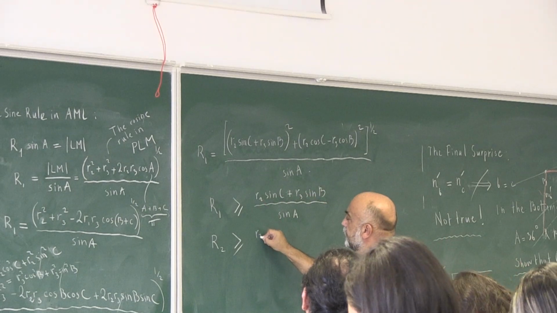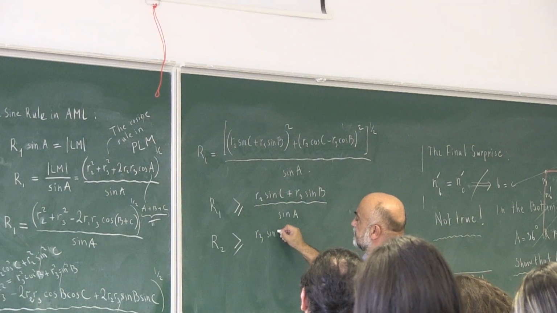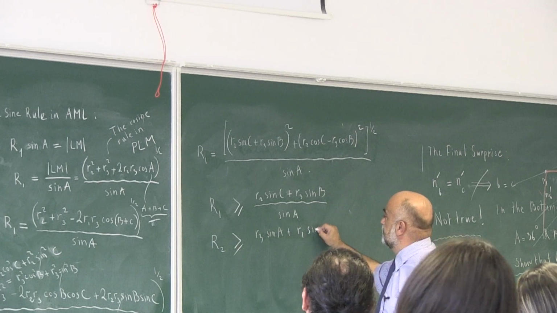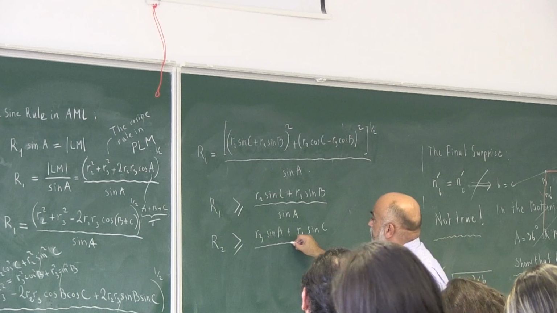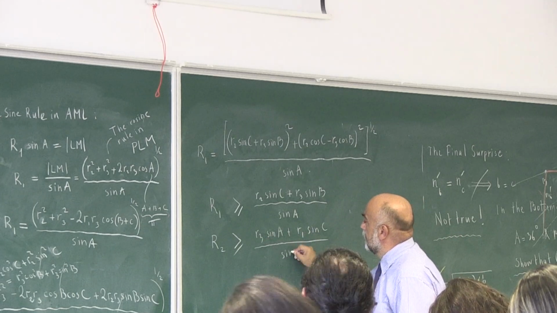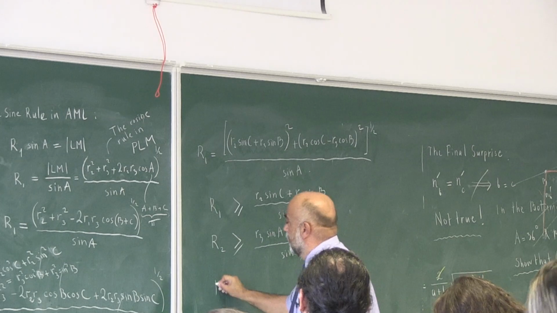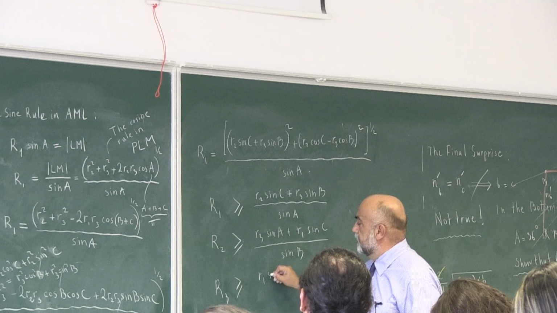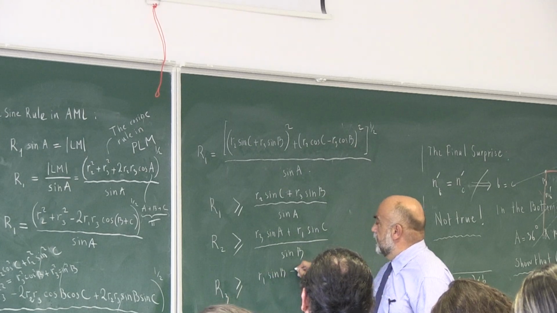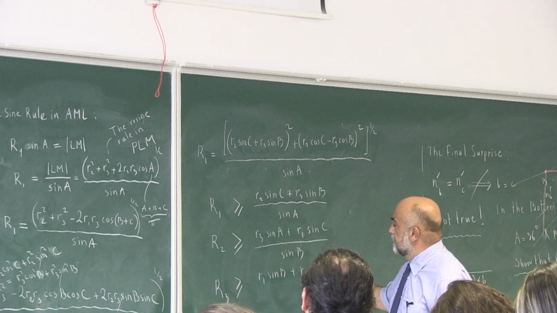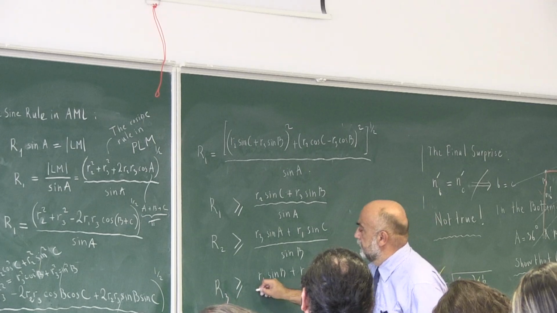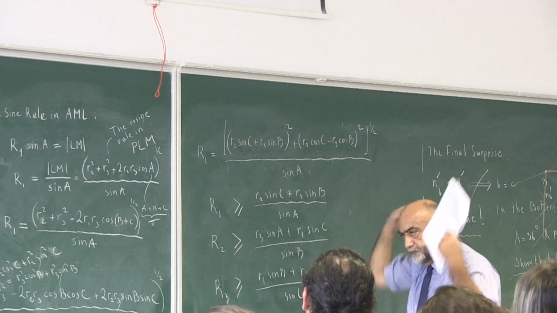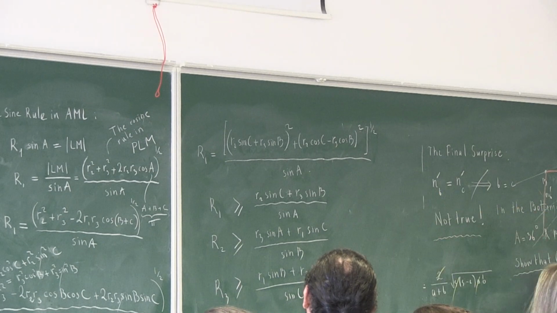R2 is replaced by R3, sine C is replaced by sine A, plus R3 is replaced by R1, sine B is replaced by sine C, sine A is replaced by sine B. Finally, R3 is replaced by R1, sine A is replaced by sine B, and R1 is replaced by R2, sine C is replaced by sine A, and in the denominator we have sine C, and let's put them all together.